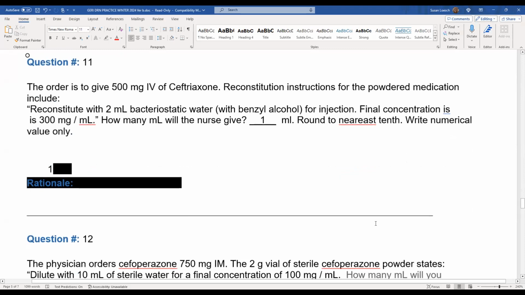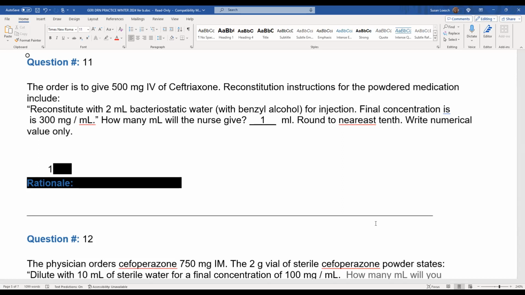Okay, look at number 11. This is reconstitution. Whenever you're reconstituting something, you're usually getting a powder and adding a liquid solution to it. The most important thing here is what you're left with on hand, and it tells you that.